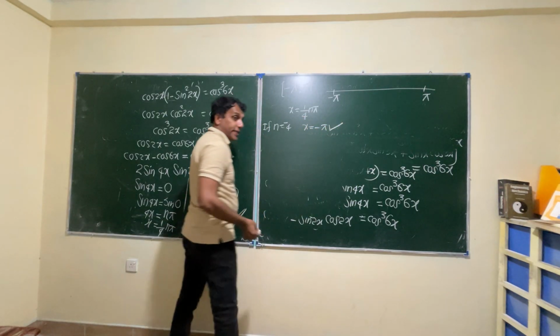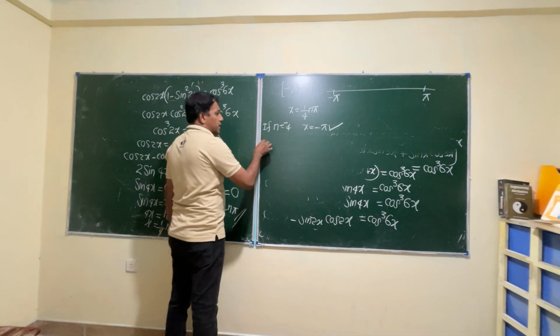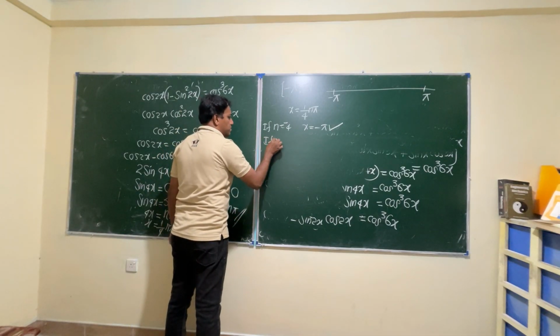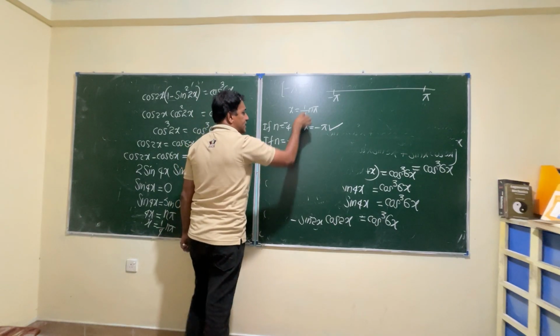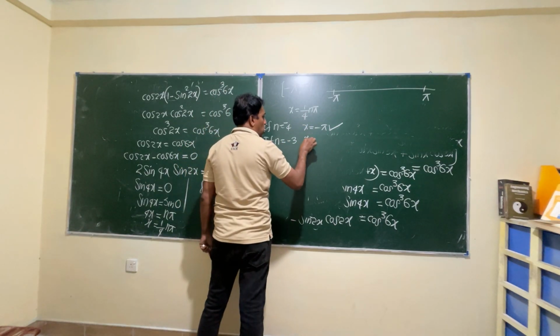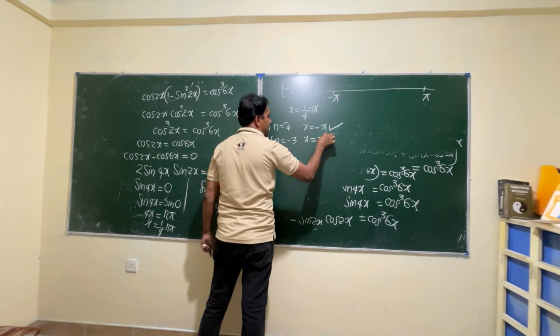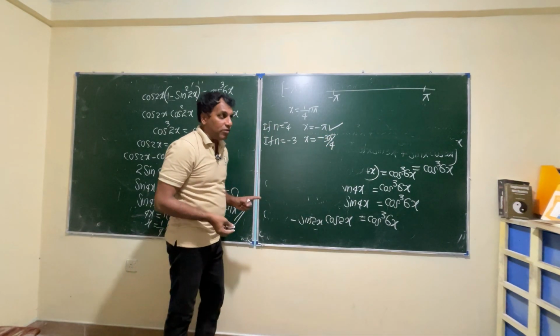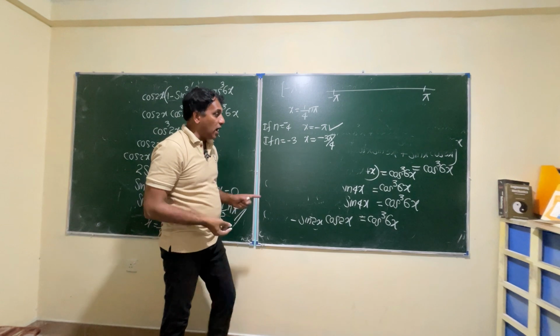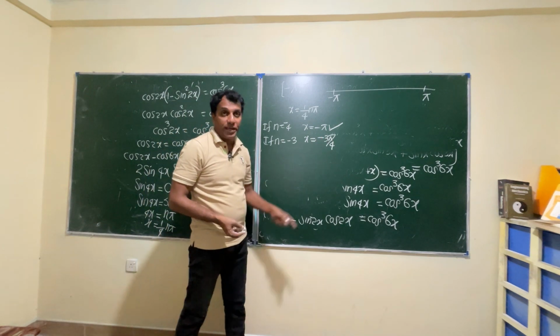One solution, okay. But say if n equals minus 3, then x equals minus 3 pi by 4, that is 135 degrees.